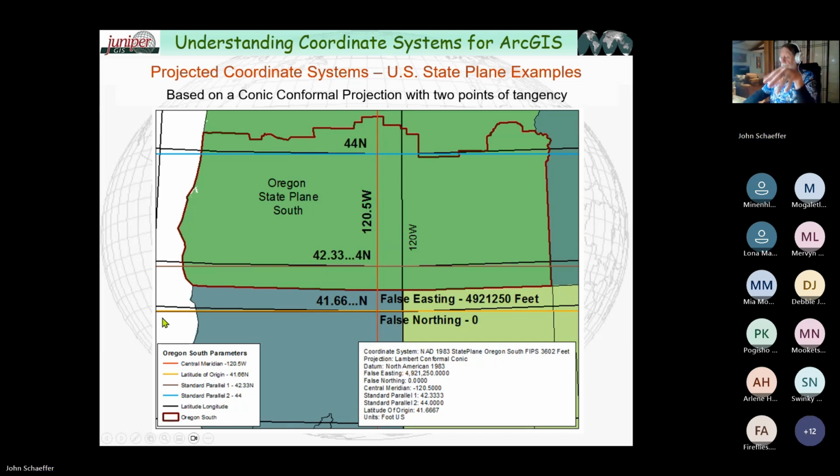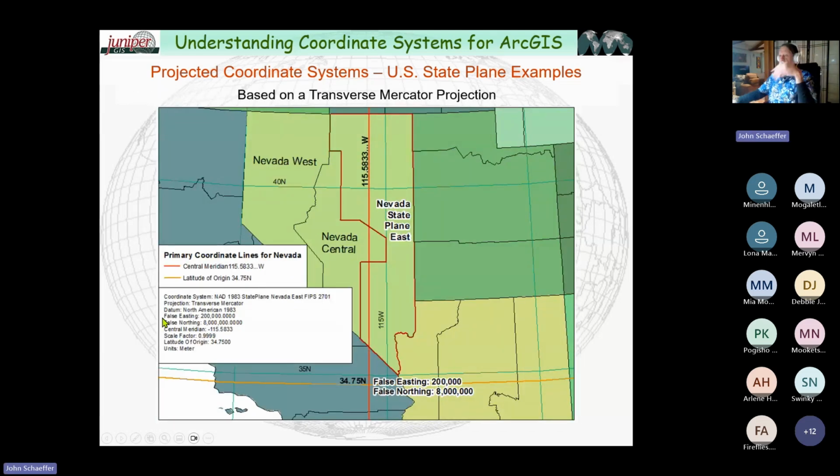Okay, so we've seen this, and I'm going to do a little bit the same for Nevada, okay? So this is using transverse Mercator. We've got that nice north-south line. So our central meridian is 115 point yada, yada, yada, okay? And we're just looking at this coordinate system here as a false easting of 200,000.